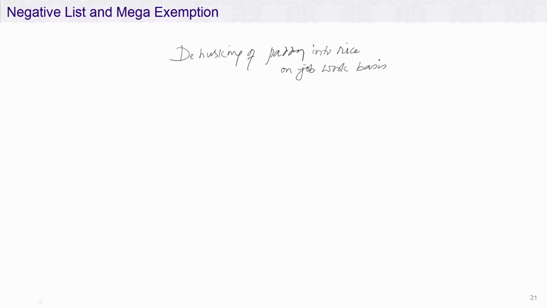Then tell me, if it is on job work basis, what happens? This is under mega exemption. Maybe you remember, entry number 30A. Agricultural produce, job work in production process relating to agriculture produce.